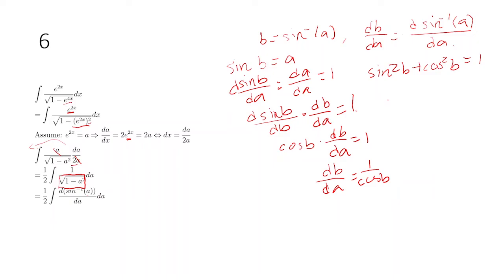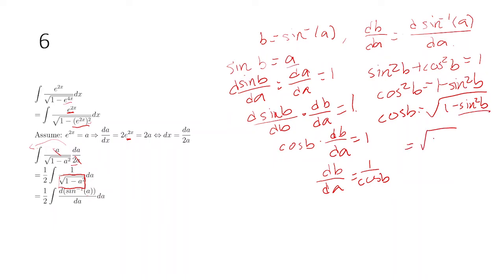Or if you remember, sine squared b plus cosine squared b is equal to 1. So you get that cosine squared b is equal to 1 minus sine squared b, or cosine b is equal to the square root of 1 minus sine squared b. Now we can substitute this sine b as a, so it will be equal to the square root of 1 minus a squared, such that the derivative of arcsine of a with respect to a is equal to 1 over the square root of 1 minus a squared.